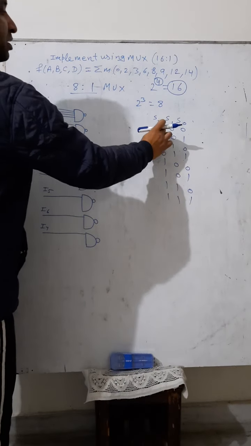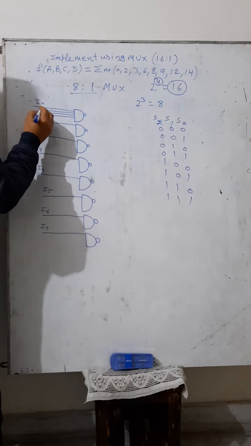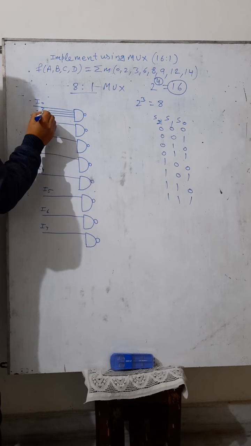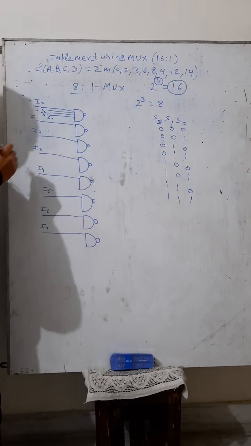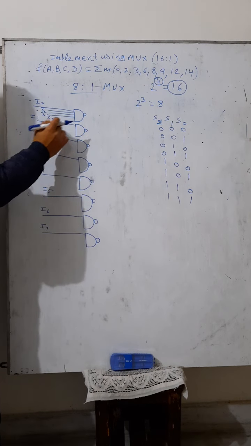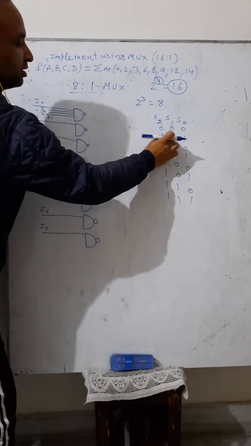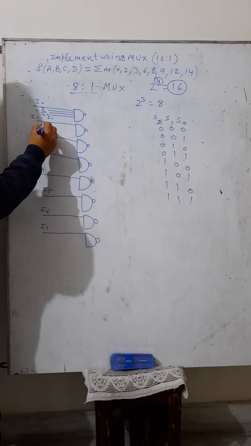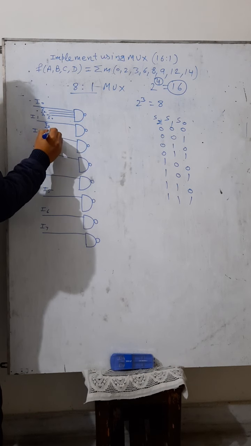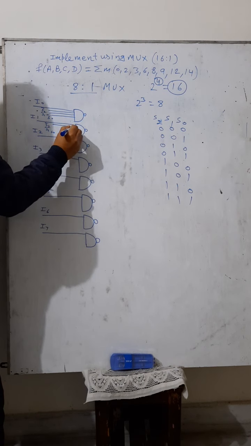Firstly 0, 0, 0 means S2 bar, S1 bar, S0 bar. Then 0, 0, 1 means S2 bar, S1 bar, S0.